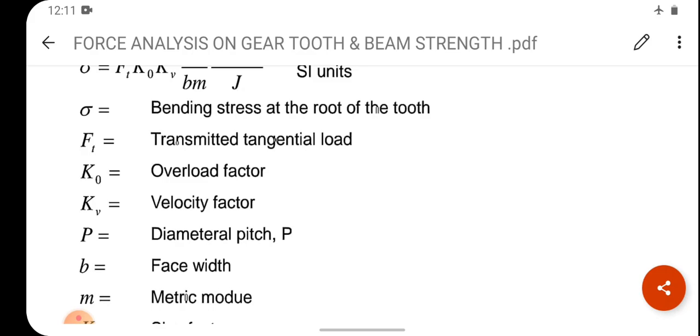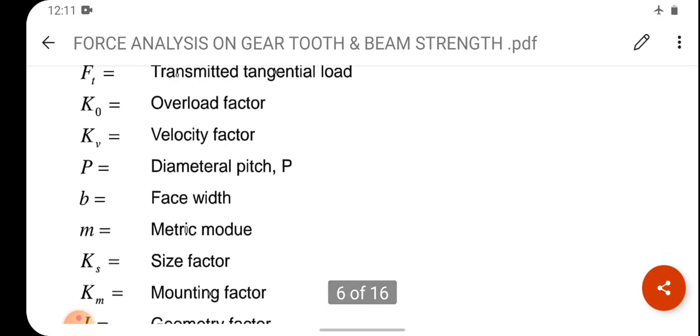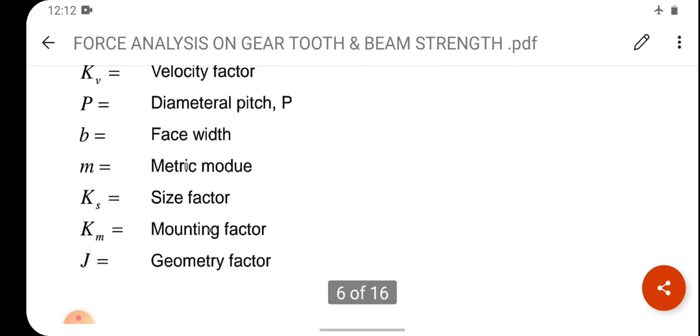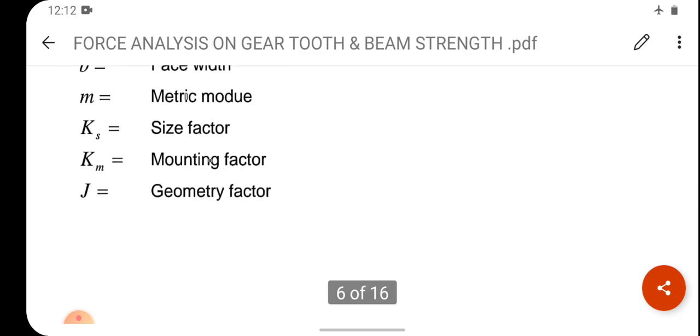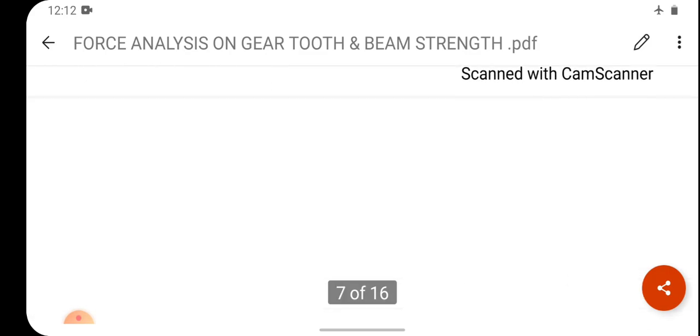P is the diametral pitch, which is denoted by capital P. B is the face width of the tooth. M is the metric module, or simply the module of the gear. Ks is the size factor. Km is the mounting factor. And J is the geometry factor. I'll explain each and every term in the next slide.